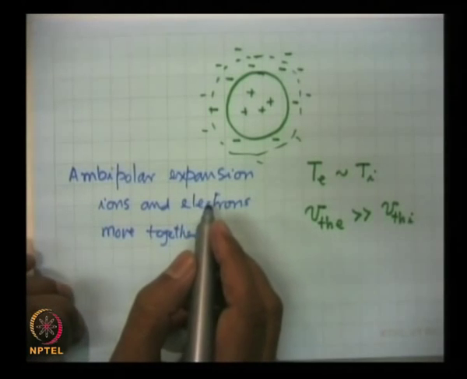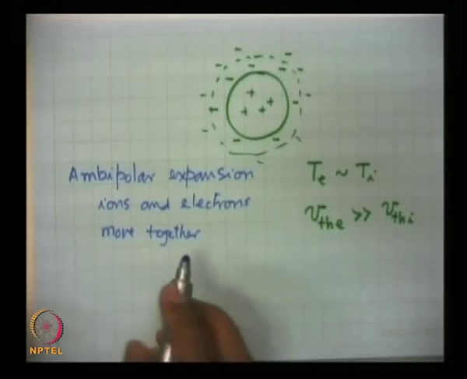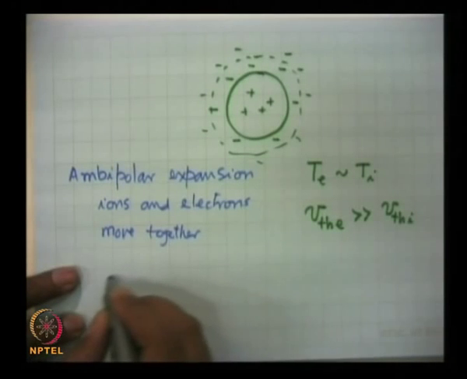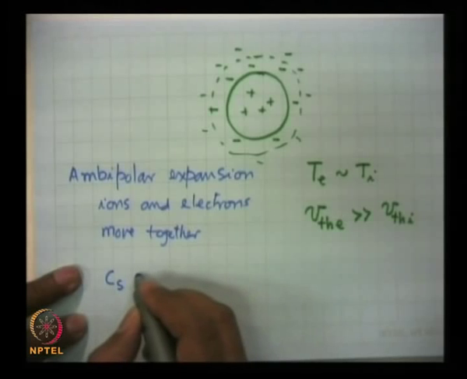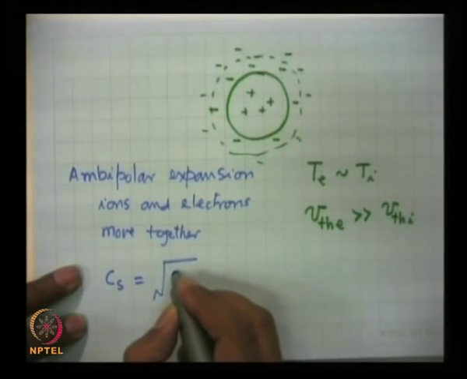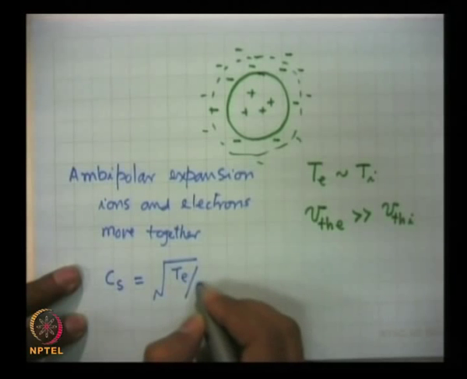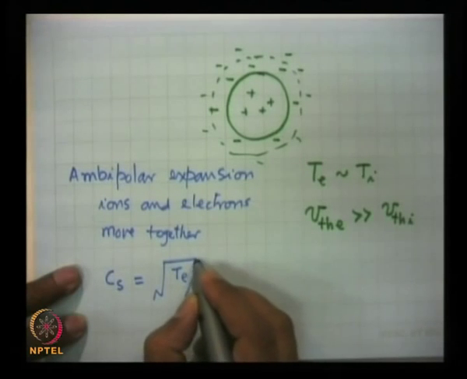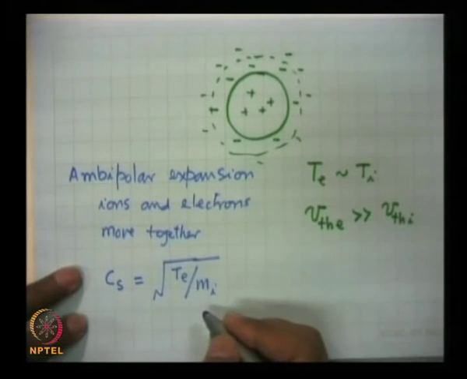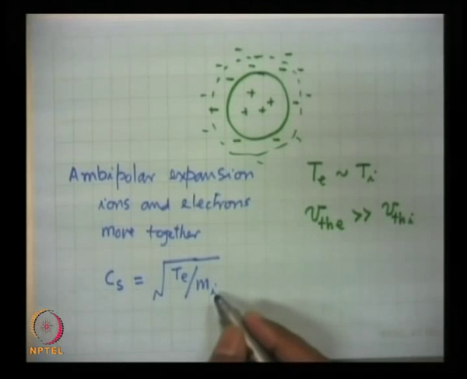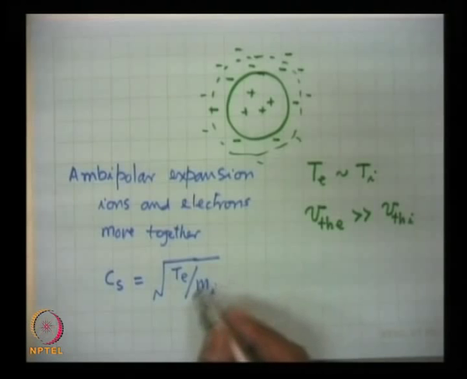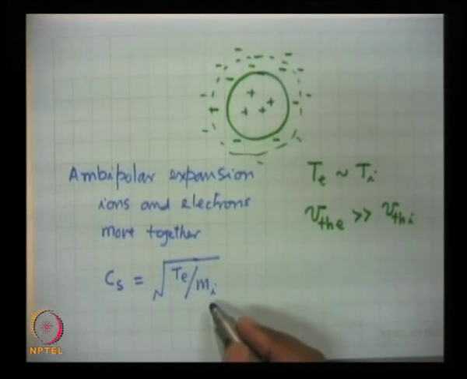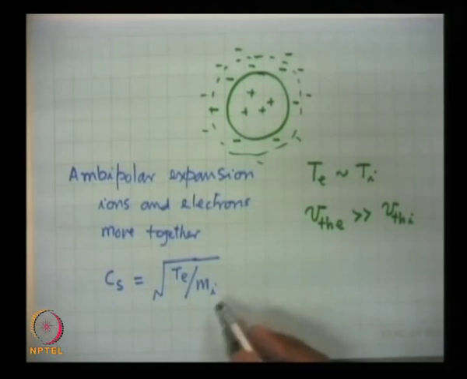And the velocity with which this happens turns out to be of the order of Cs, called the sound velocity, which is equal to the square root of the electron temperature upon ion mass. If the plasma is a mixture of deuterium and tritium, then this ion mass is some sort of a geometric mean of the tritium and deuterium masses.